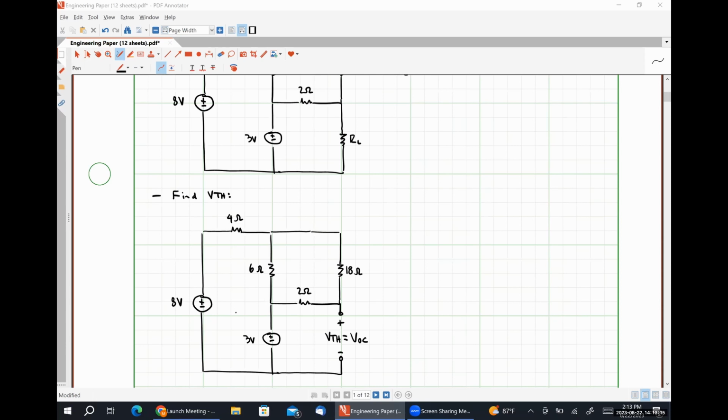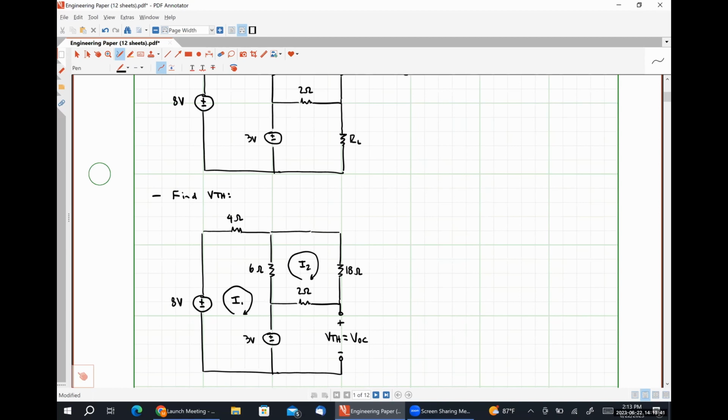So I'm going to define this to be mesh 1, and this guy up here to be mesh 2. Since I don't have any dependent sources, I don't need to write any controlling variable expressions.